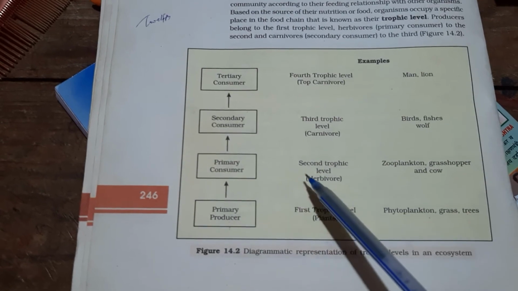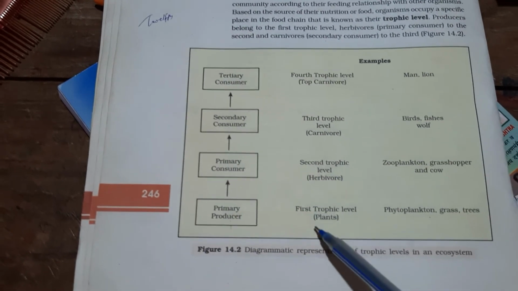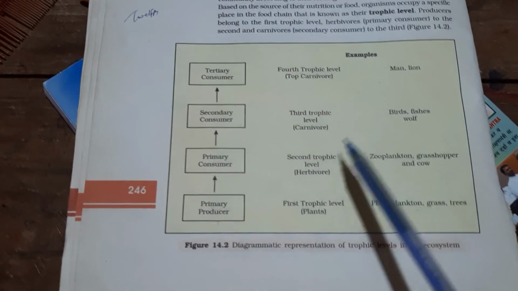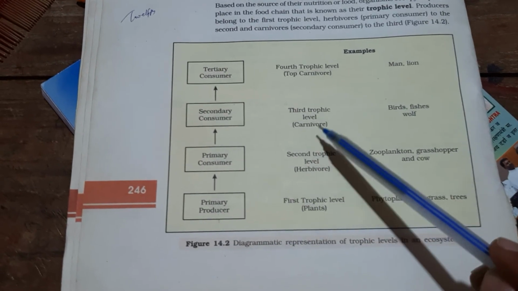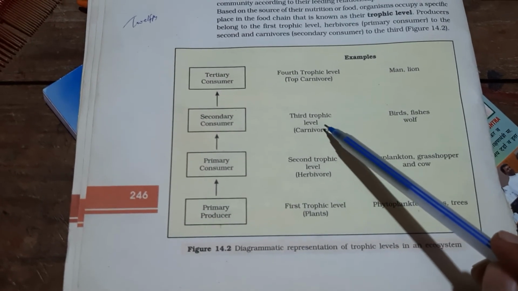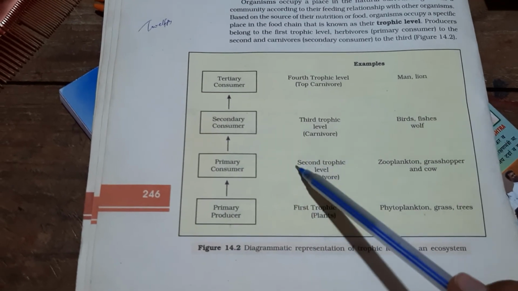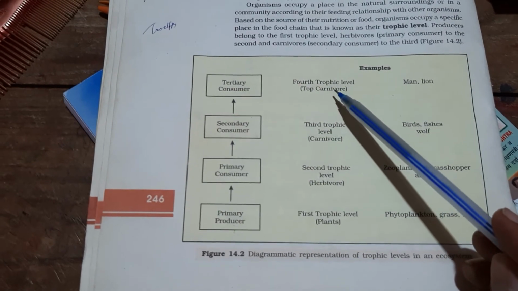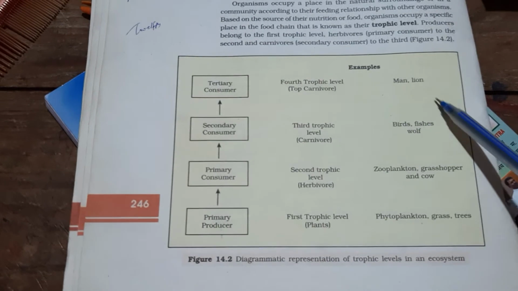Primary consumers are also known as herbivores because herbivores consume plants. Then herbivores are consumed by carnivores, which are the third trophic level or secondary consumers. And lastly we see the top carnivores include the tertiary consumers, including man and lion.